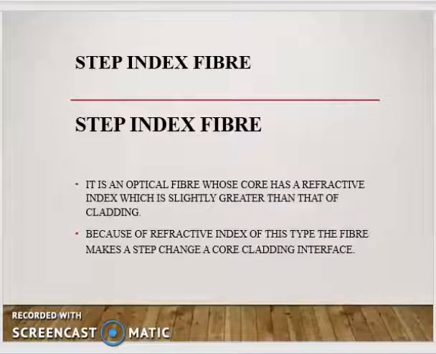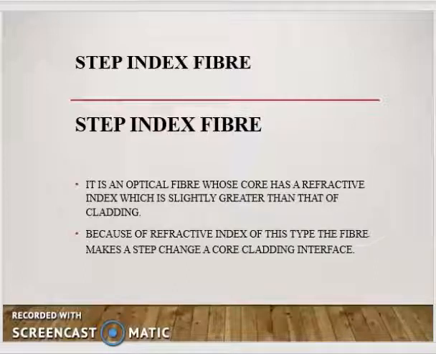In this type of fiber, core has a non-uniform refractive index that gradually decreases from the center towards the cladding interface. The cladding has uniform refractive index. The light rays propagate through it in the form of skew rays or helical rays.